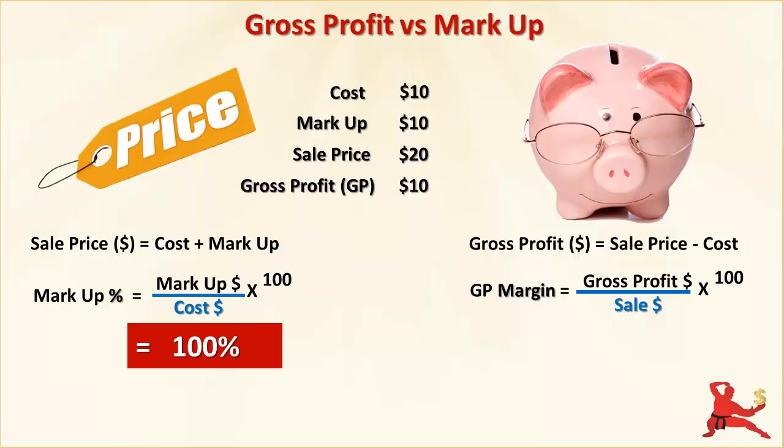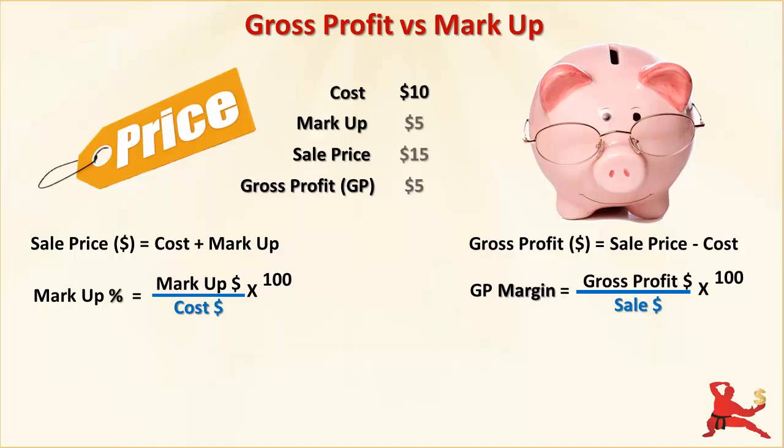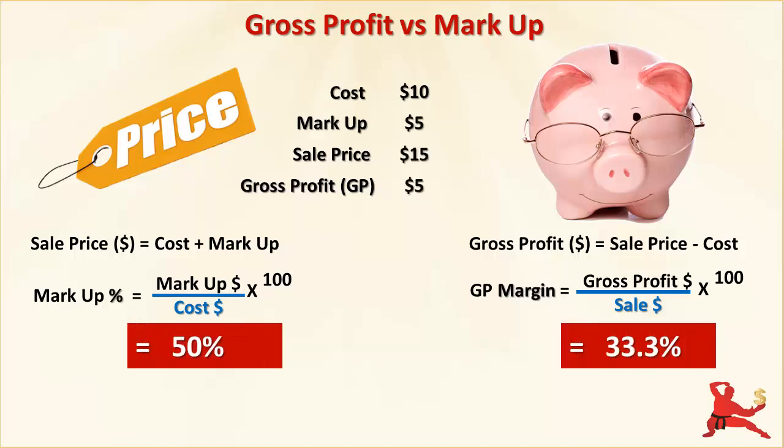So a $10 markup on a cost of $10 is 100% markup. But that only translates to a gross profit margin of 50%. If your markup is $5 on a $10 cost, that's a 50% markup. Your gross profit of $5 is a gross profit margin of 33.3%.